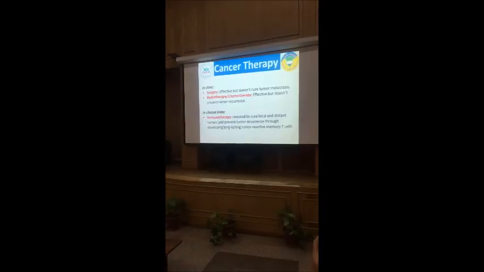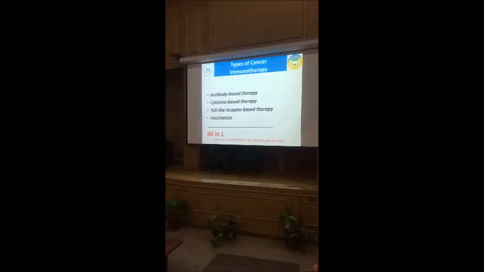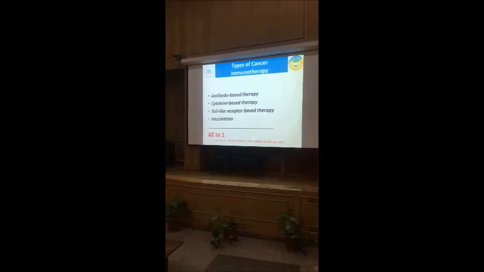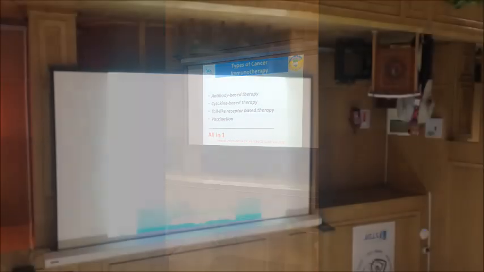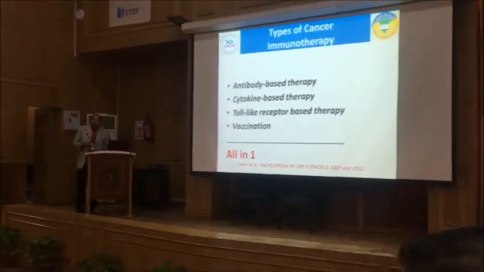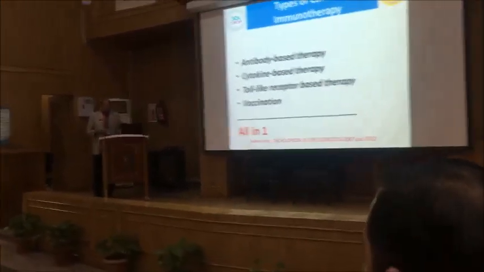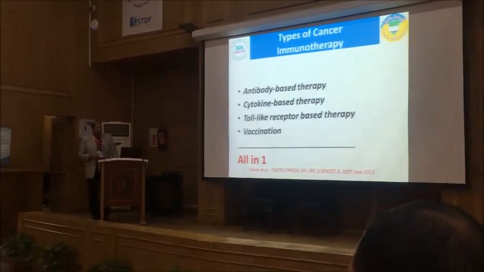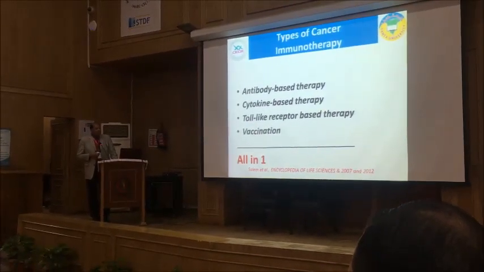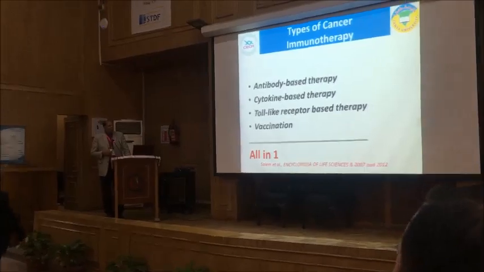Most of them are based on antibody-based immunotherapy, and the Nobel Prize this year was awarded to two scientists, one from the US, one which blocks the function of immune cells and enhances the growth of T cells, of cancer cells. The other one is cytokine-based therapy, toll-like receptor-based therapy, and of course vaccination.